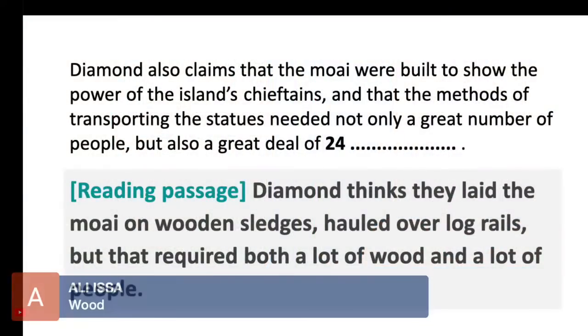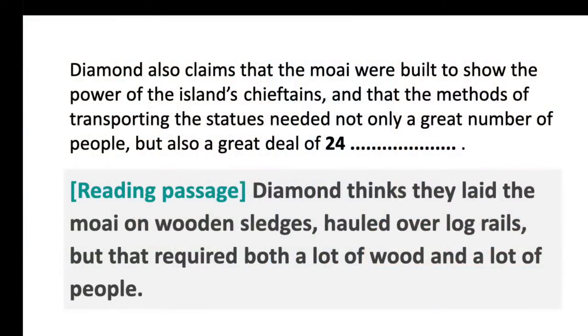Woods as a countable noun is a forest, is a number of forests. A wood is a forest. So, uncountable is just wood in the singular. And what was in the text as well? Woods or wood? Let's have a look. In the text was wood. A lot of wood, and that's the answer.